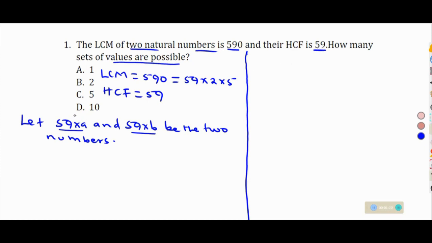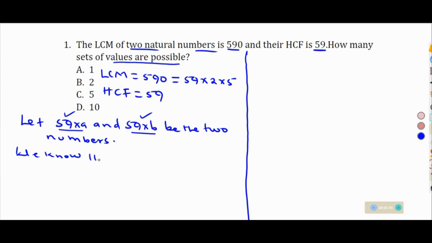In other words, when you are writing this number and this one here, their common factor must be 59. And for that case, it is important to make sure that the numbers we are writing are multiples of 59.